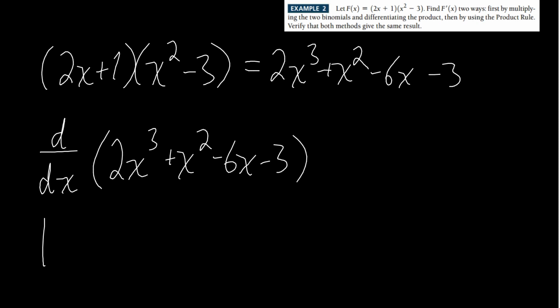And the derivative of it is going to be, I think we can put it over here. Okay, so 2x cubed, that's going to be 6x squared, right, plus 2x, and then minus 6. Okay, so that's multiplying the binomials and then taking the derivative.